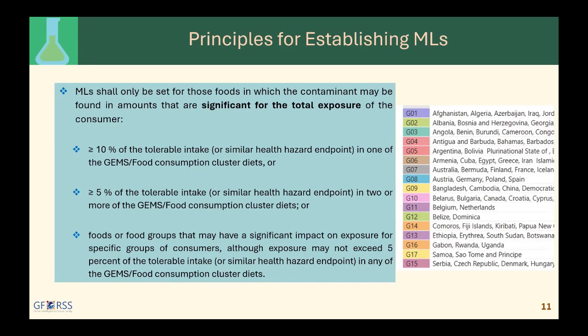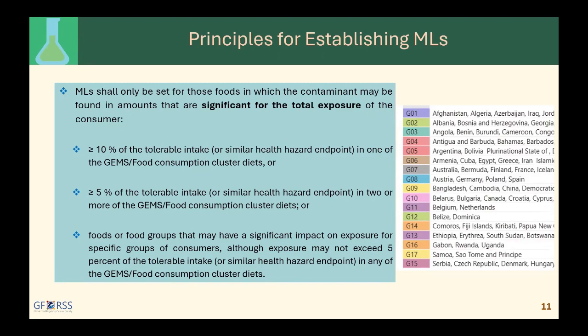So let's speak a bit about, I think I presented during a side event last year, the GEMS/Food database for you, if I recall. We will be speaking more about the GEMS/Food database. It is the repository of occurrence data for chemicals that is used by JECFA in order to perform the assessment, right?